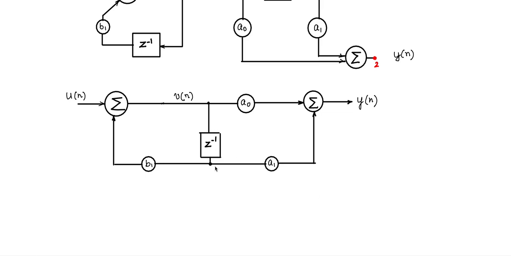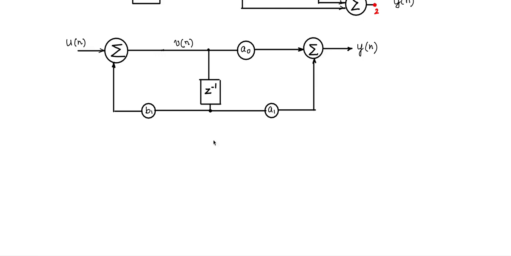If I have a second order system, you can just keep adding orders in this fashion. This can keep growing, z to the power of minus 1, any number of delays, and that will get added to the summer block. So this will keep extending.